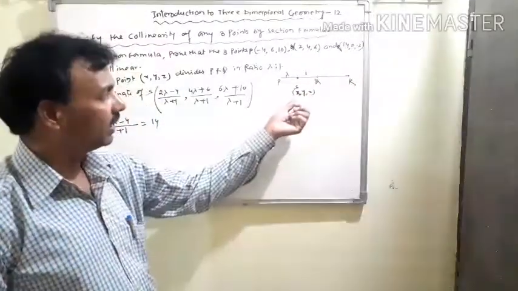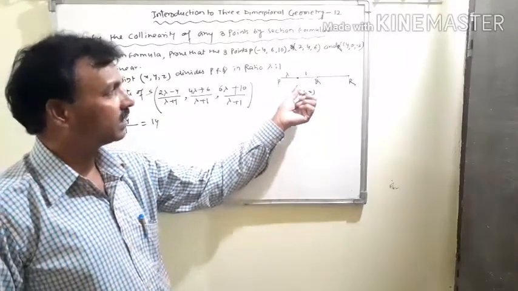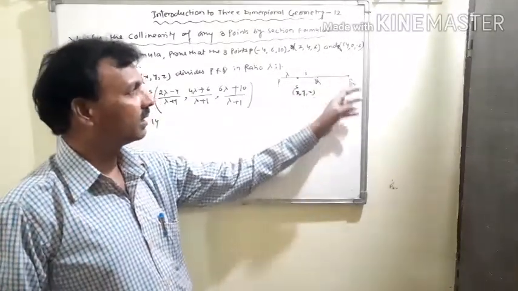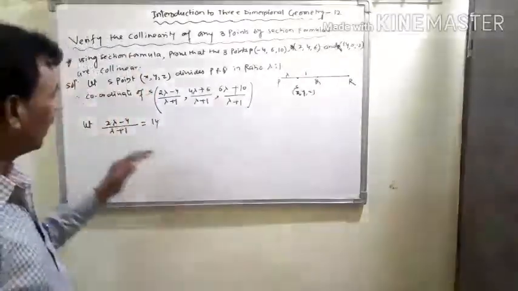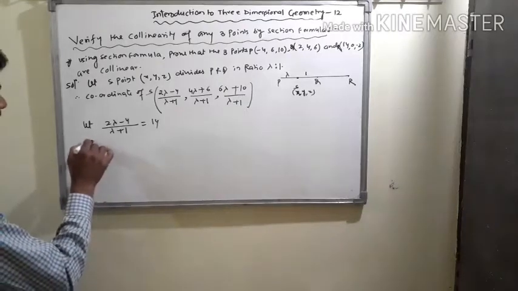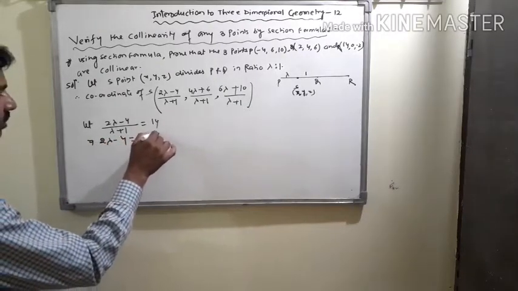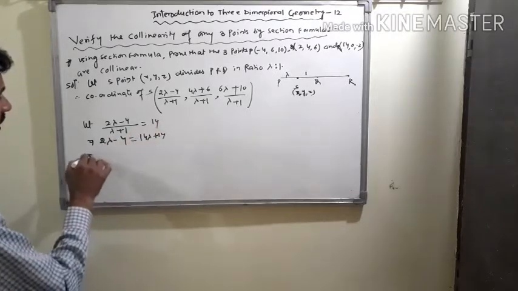So the x coordinate of S equals the x coordinate of R, and from this relation we can find the value of lambda. So 2 lambda minus 4 equals 14 lambda plus 14, by cross multiplication.